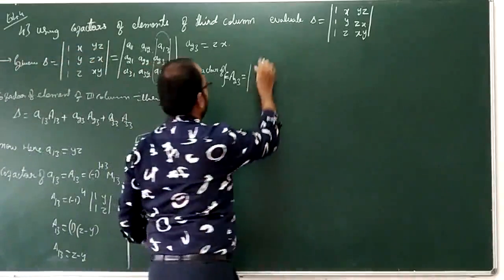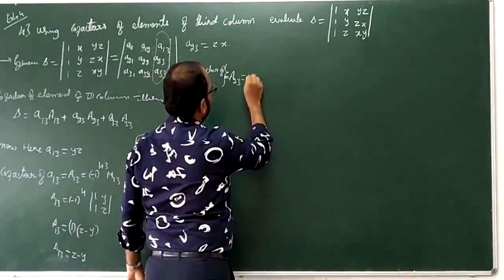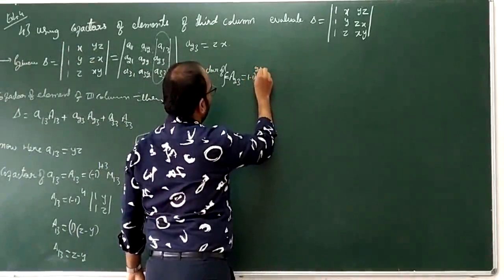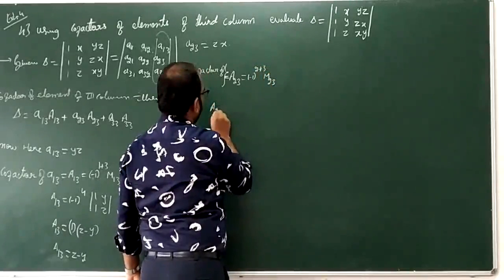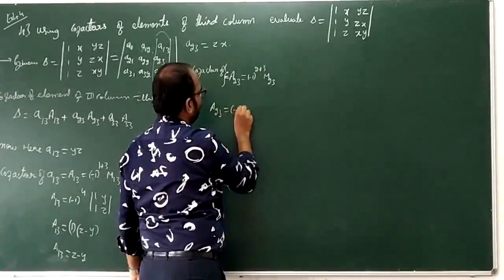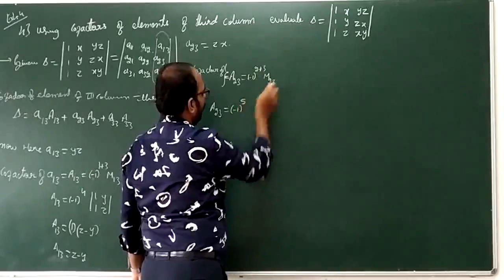That is minus 1 to the power of 2 plus 3, which is 5, into minor of 2 3.